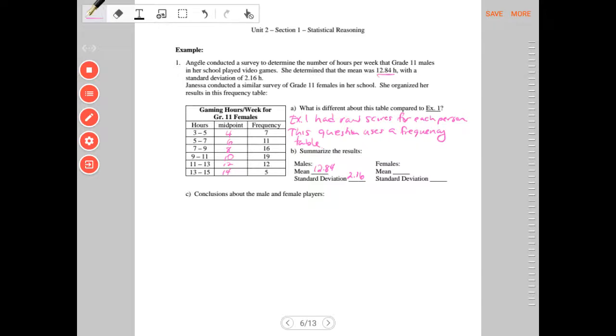Again, I would be using my graphing calculator, and I would be putting my midpoint in L1 or in my first list, and my frequency in L2 or my second list, depending on what kind of graphing calculator I have. Good. Again, you may need to rewatch the video on how to type this onto your particular calculator and do, of course, your one variable statistics.